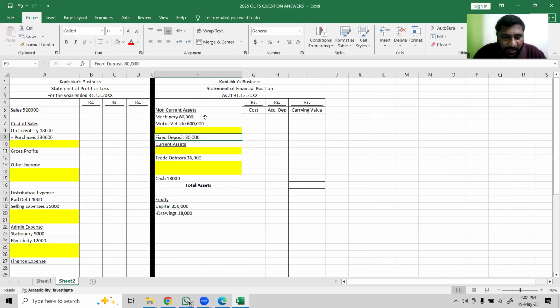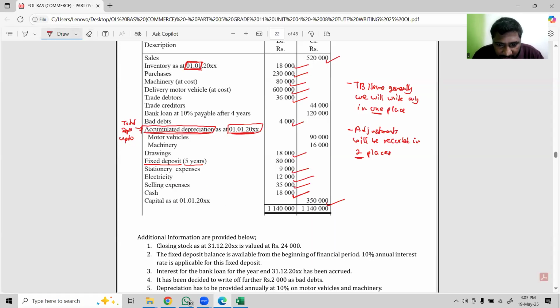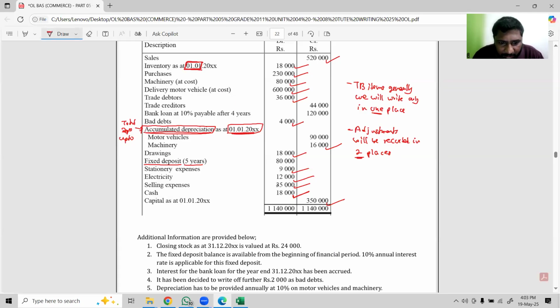So come to the machinery. Put a small separation line like this. Machinery, don't mix it up. Machinery 16,000. Go to the motor vehicle and put a separation like that.